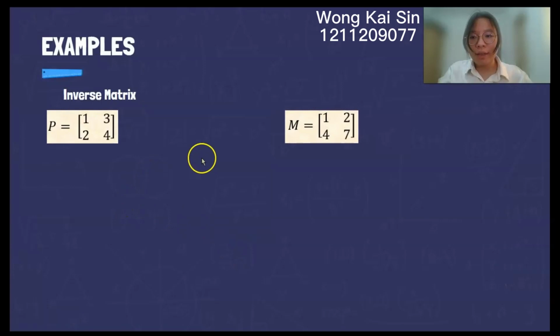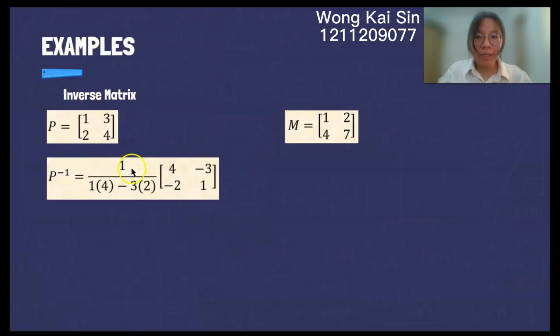Now we're looking at the inverse matrix. How to do it is 1 over the determinant and the reversed matrix. For AD, 1 and 4 will be swapped, and then for BC, like 3 and 2, you add a minus.